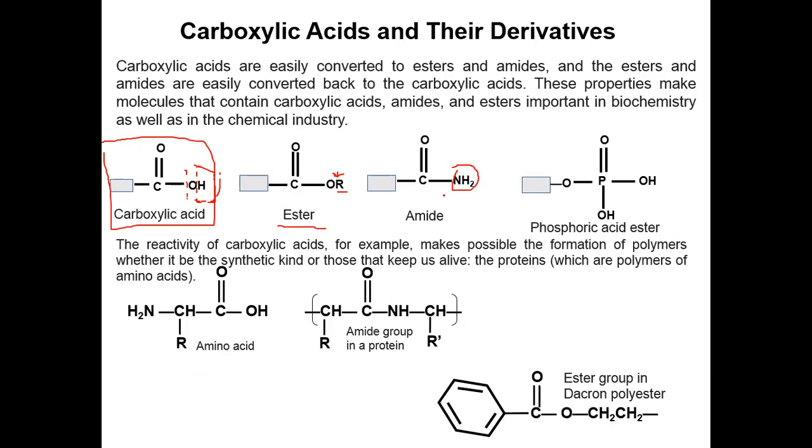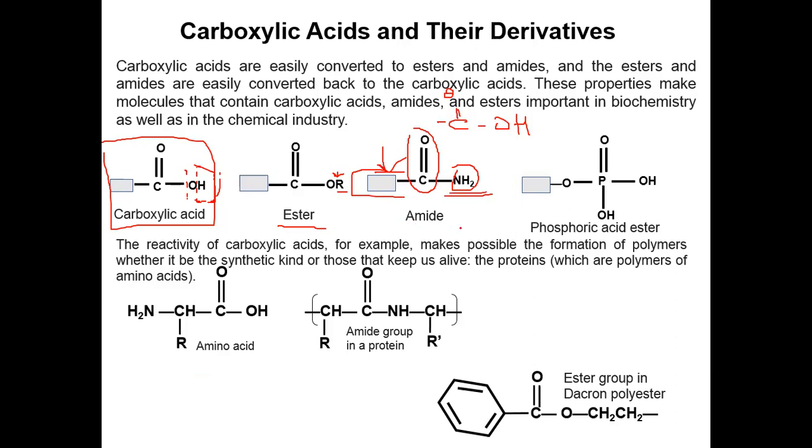Now you see we have an amine group, but we do not have the COOH group, so we do not have a carboxyl group anymore. What we have is the carbonyl part over here, and some kind of hydrocarbon, and also an amine group.